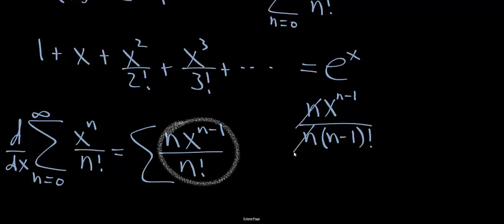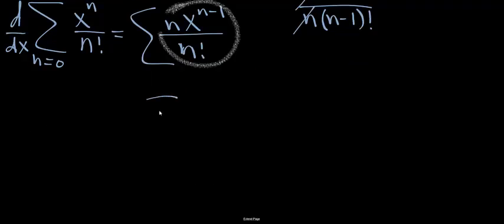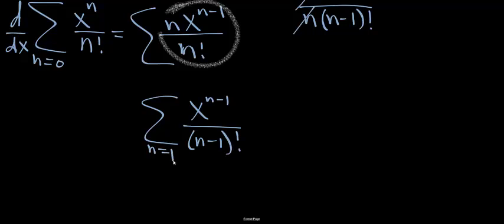So this doesn't look exactly like the original, but I could write it as x to the n minus 1 over n minus 1 factorial. And what if I start this at 1 and go to infinity? Let's see if it generates the same terms. In other words, I should get 1 plus x squared over 2 factorial plus x cubed over 3 factorial. Let's see if it generates that.